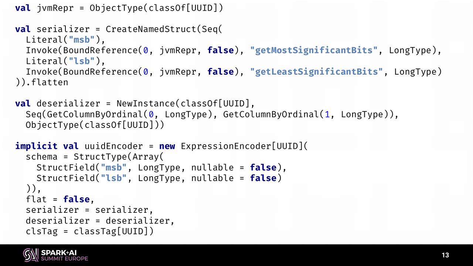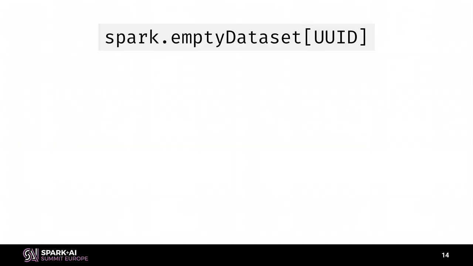And you will attach this serializer and deserializer instances, which are basically created by this DSL that assembles the Java expression responsible for the conversion. So, yay, this will compile and it will work. This is very good. You achieve to add a new type that works.